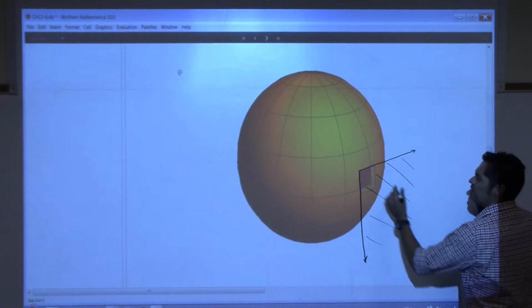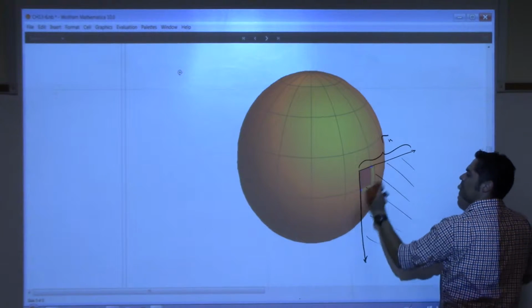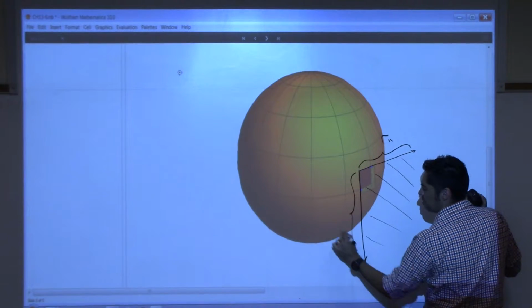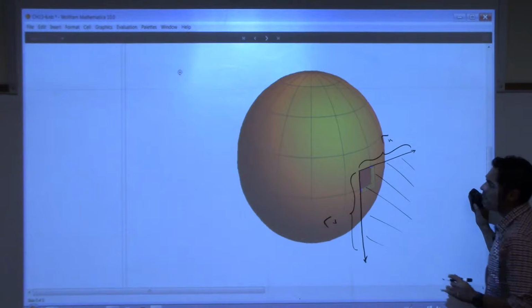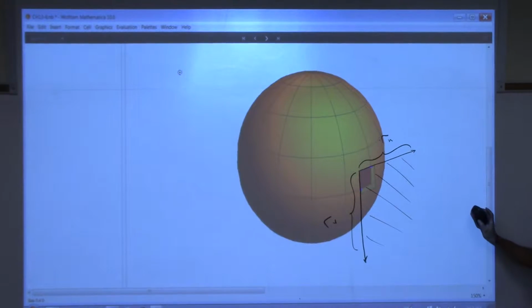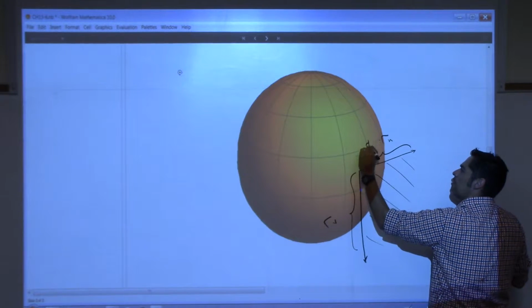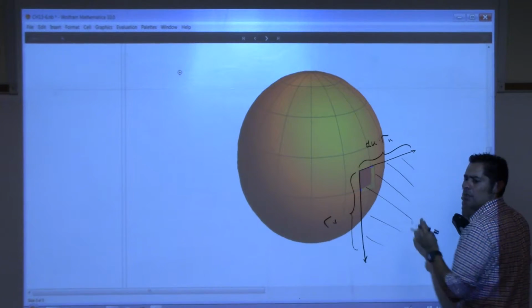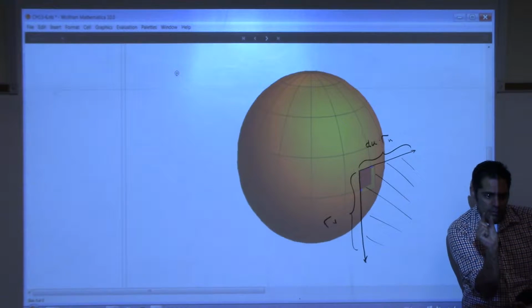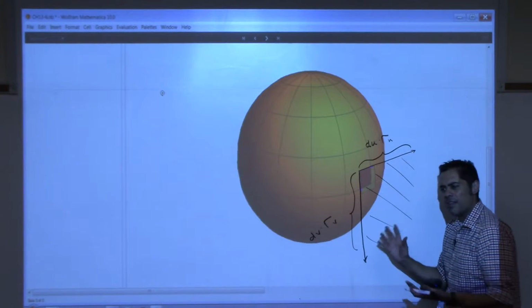So in other words, instead of taking this entire vector, which let's say is r, the partial with respect to u, and let's say this one's the partial with respect to v, instead of taking the whole thing, maybe I need to scale it by something to make it shorter. How about we scale it by something like infinitesimal, like du, the little differential, and then do this one like dv, something like that.